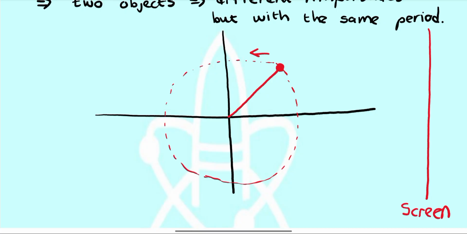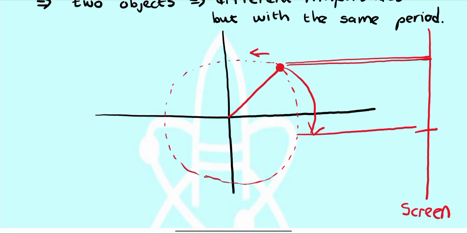Okay, so what is going to be happening on the shadow in the screen here is that we are going to have its shadow. Suppose that when it is at this position, its shadow is here. Suppose that now it moves down, its shadow is going to move with it and come down on the screen there.